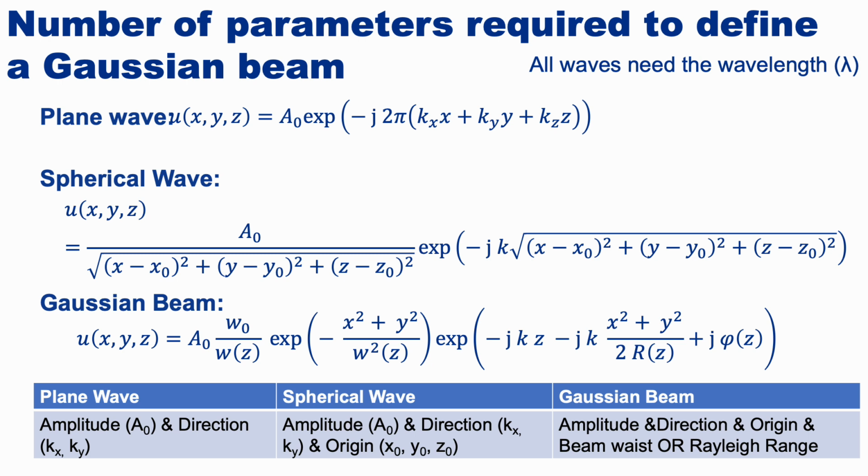When we have a spherical wave, we need to add an extra one, which is the origin where the spherical wave is placed. But the Gaussian beam needs an additional parameter with respect to the spherical wave. We require the amplitude, direction, and origin, but we also need to know the beam waist or the Rayleigh range. So we require 4 parameters instead of 2 or 3.